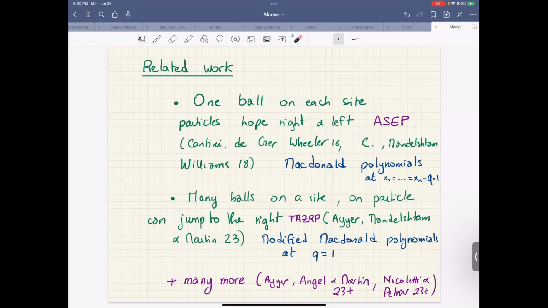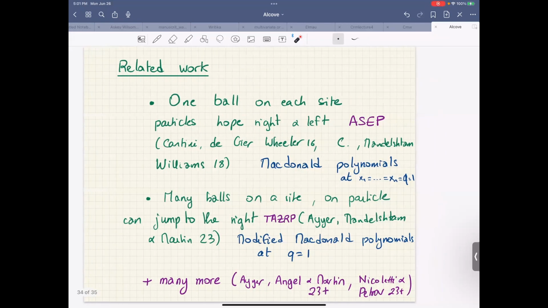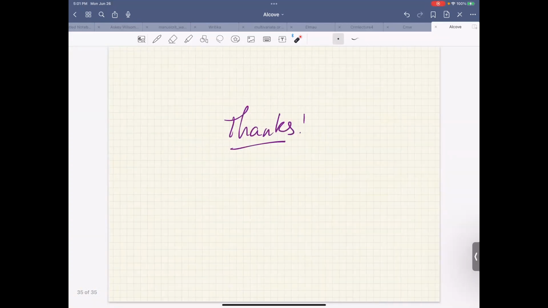And there are many more versions of these particle models that are related to symmetric functions. I just cite a few papers here, but this is a very active part of research. And so my time is up. I'd like to thank you for your attention, and also thank you for giving me the opportunity to give a talk.